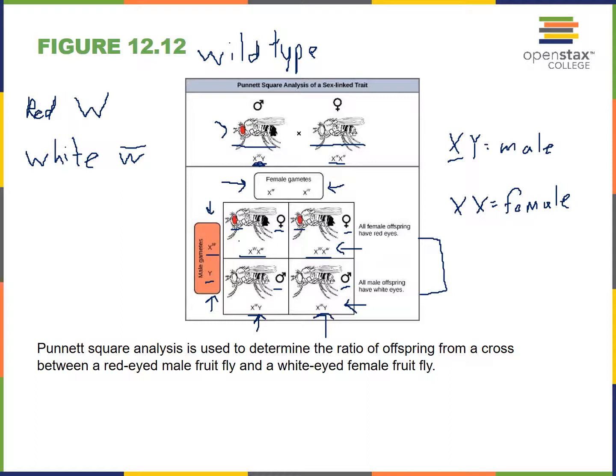Now this term carrier comes up often in sex-linked genetics problems. And carrier just means that the female is a heterozygote. So she would be, in this instance, X big W, X little w.